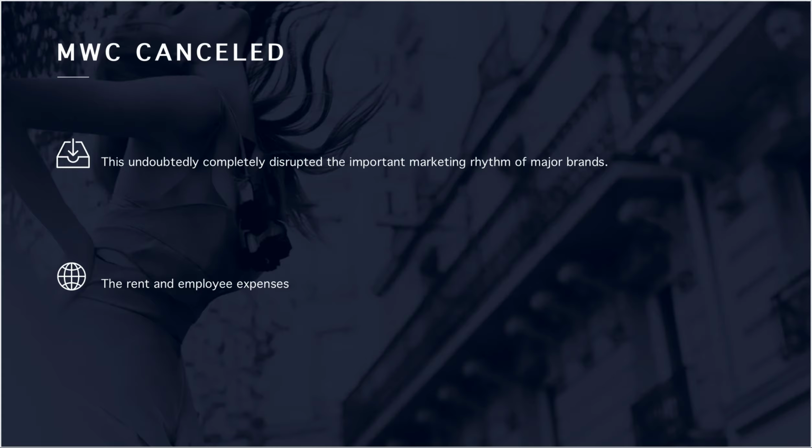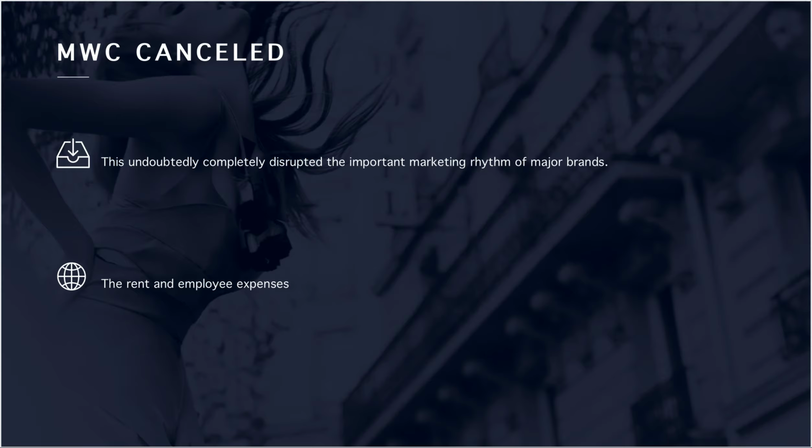And another important cost issue is that the global offline stores of major brands are now unable to open due to the epidemic situation. But even if work is allowed to resume in some areas, the flow of people will be greatly affected.